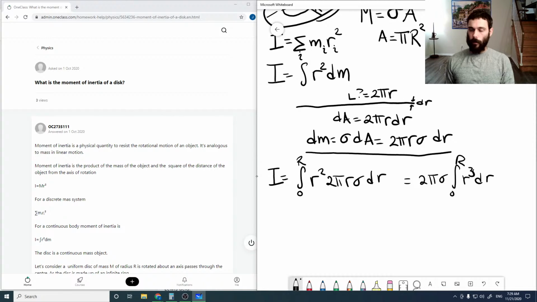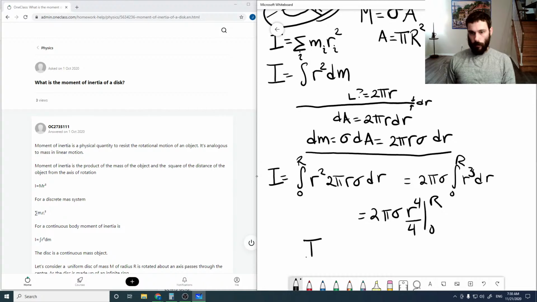So the integral of r cubed, we can just use the power rule, so the 3 goes up to a 4, and then we divide by 4. And so that's 2 pi sigma r to the 4th over 4, from 0 to r. And at 0, r is going to be 0, so the whole expression will be 0.